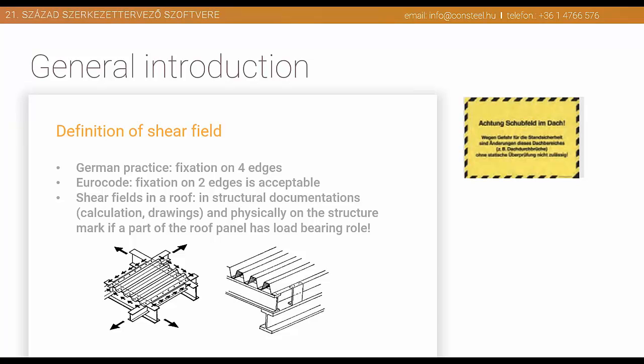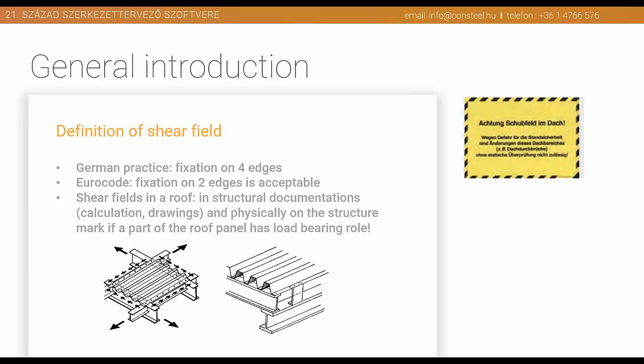As you will see in the calculation example, and as I have already said, the stabilization effect provided by such sheeting as a shear field is relatively high, and on the other side the formation of a shear field requires some rules to be fulfilled.